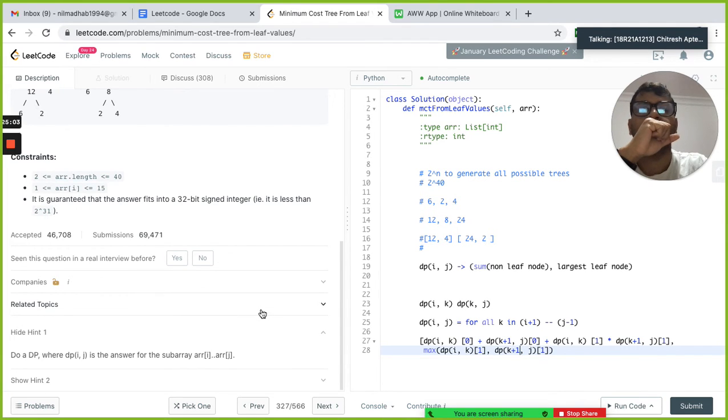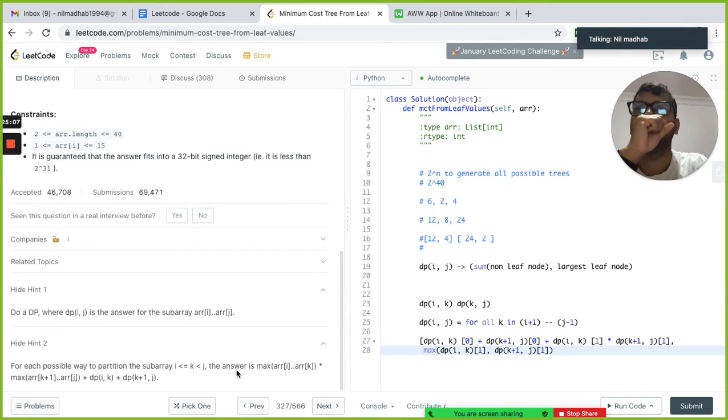Okay, let's see hint 2. For each possible way to partition subarray ij into ik and k plus 1 to j, the answer is the maximum of the area of this plus dp of this plus dp of this.